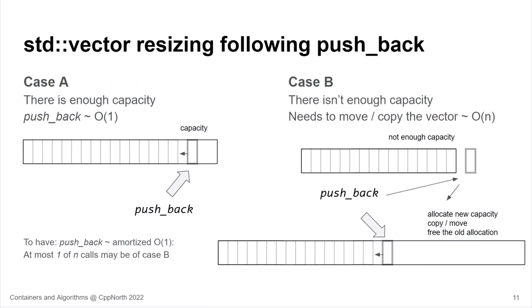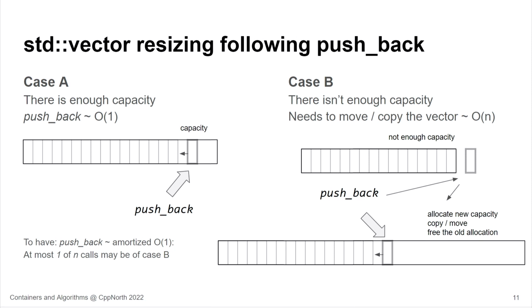So usually we think of vector as a very cheap, very efficient container, which it is, which we all prefer using usually. But when you call push_back, it might be that we are beyond our capacity, in which case we need to enlarge, to resize the vector.